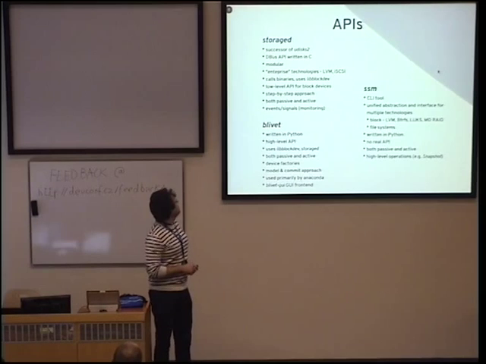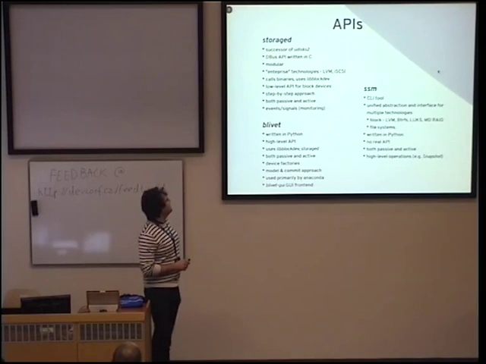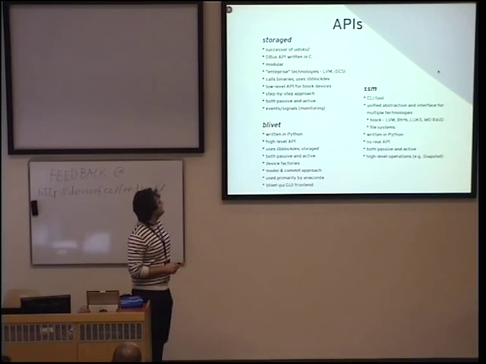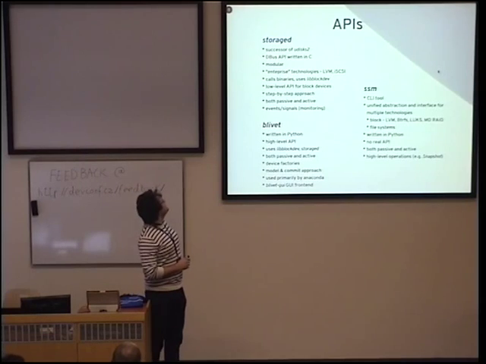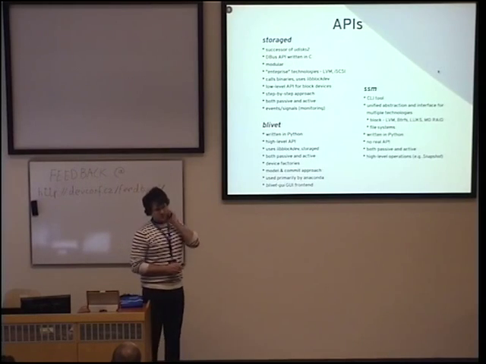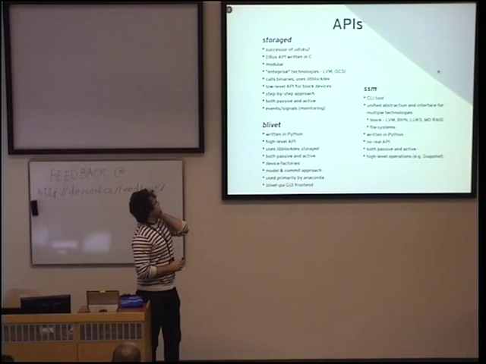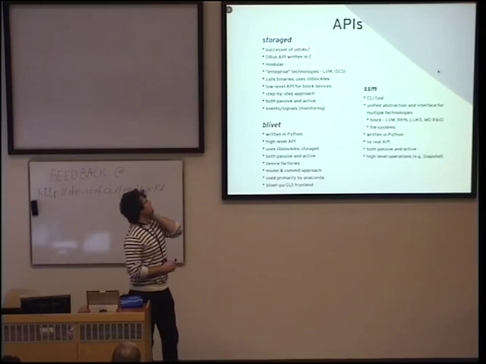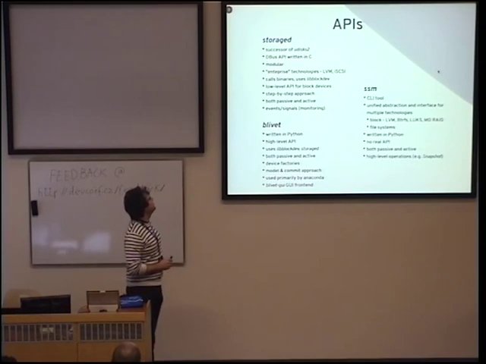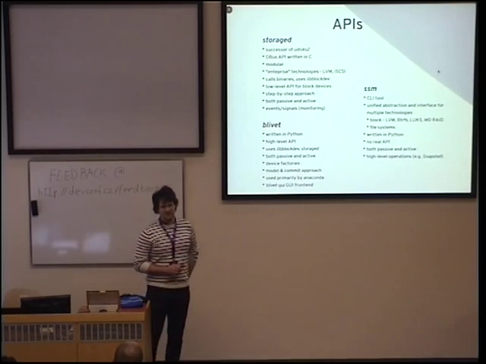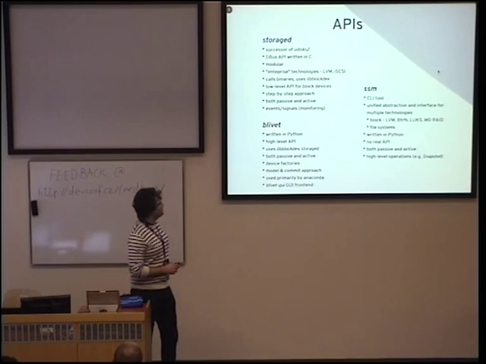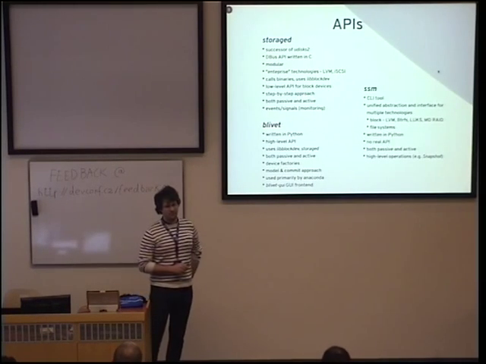And these are the three main high-level APIs. StorageD is a successor of UDisks2. It is basically the UDisks2 codebase that was made modular, and it adds some enterprise technologies like LVM, which is the default storage configuration for Fedora.